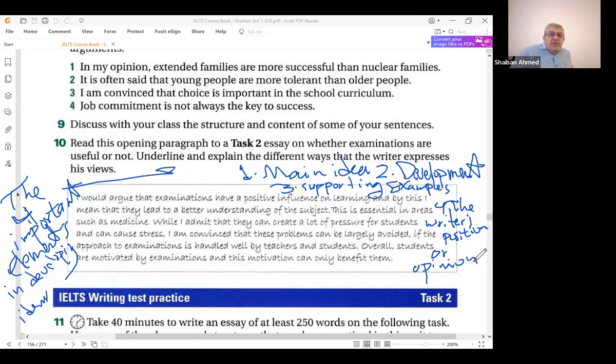Okay, what is the question? The question is, do you think examinations can have a positive influence on students? Do you think exams can have a positive influence on students? Look at the fully developed view here. Okay, so what is he saying?